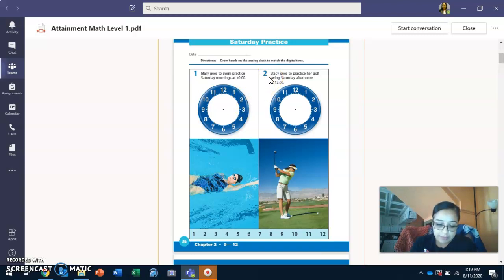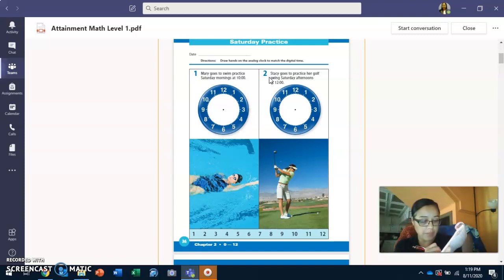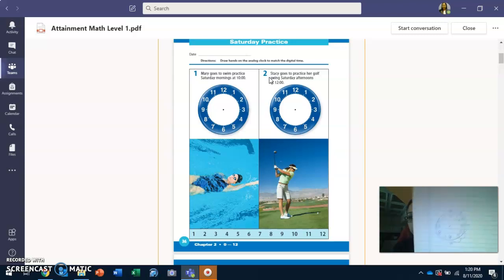So now let me show you what I mean. So you have 60 minutes, and these are all by fives. And I'll show you right now. So this is an example, right? You have 5, 10, 15, you keep going, 20, 25, and then at the 6, you're going to be at 30 minutes, correct?